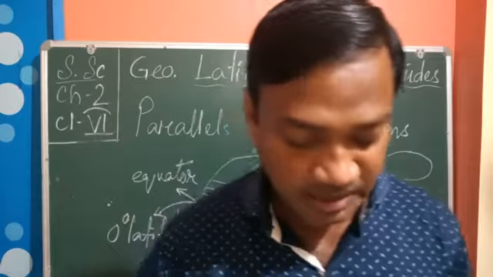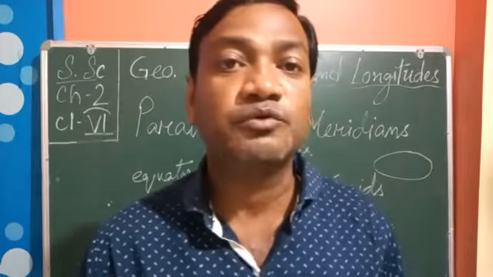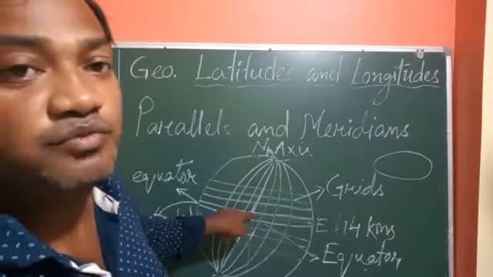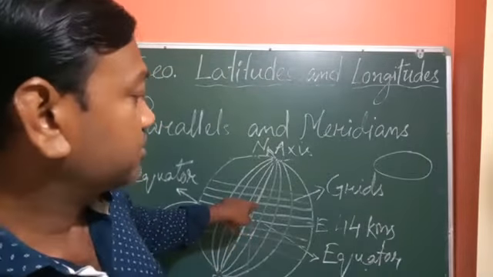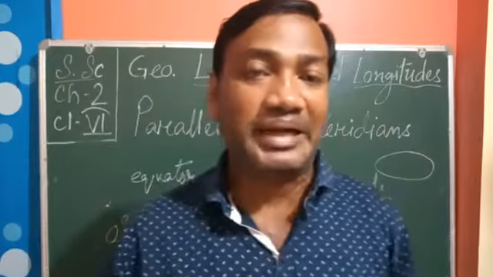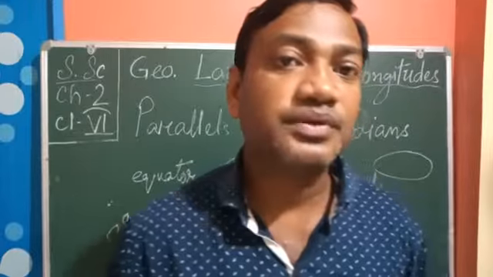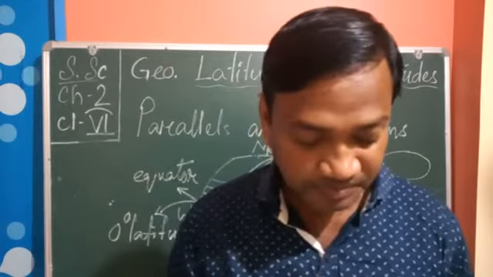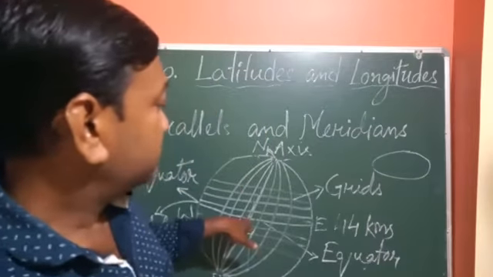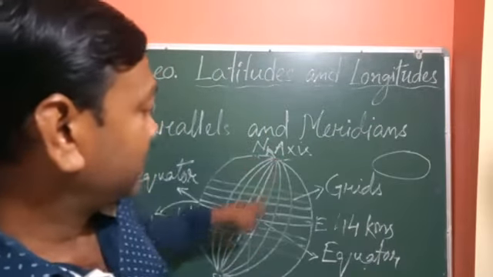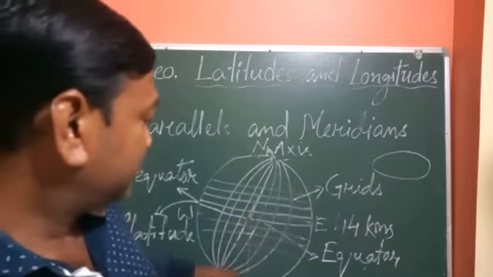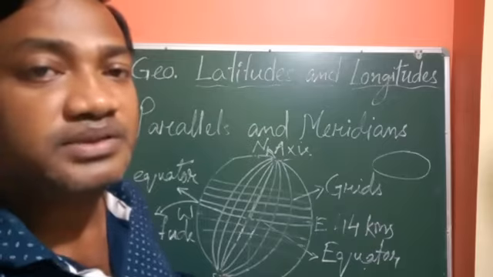The parallels are drawn at an interval of 1 degree. So one parallel to another parallel is 1 degree. Here also 1 degree, 1 degree, 1 degree, like that. Thus there are 90 parallels from the equator to the North Pole, and from the equator to the South Pole we find 90 parallels.